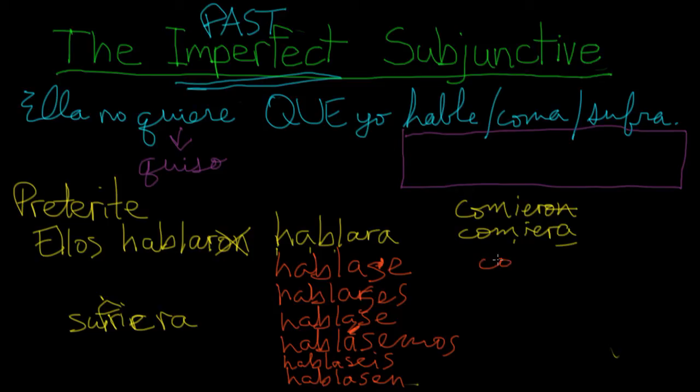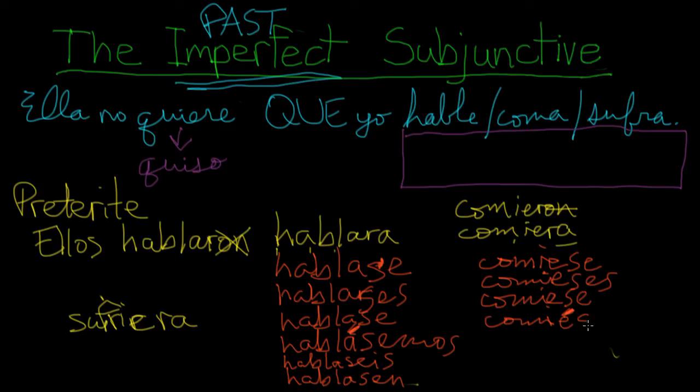So instead of comiera, it's going to be comiese, comieses, comiese again, comiésemos, with the accent, comieseis, and comiesen.